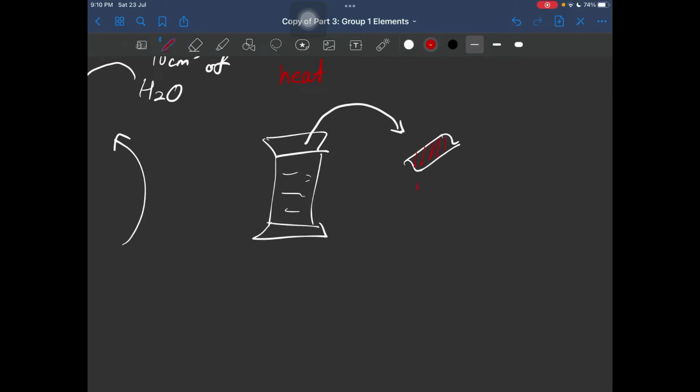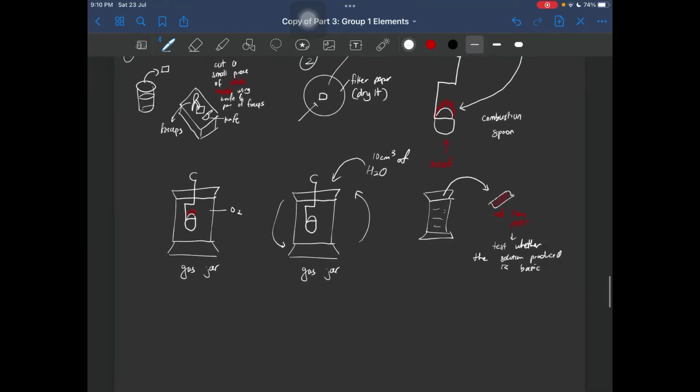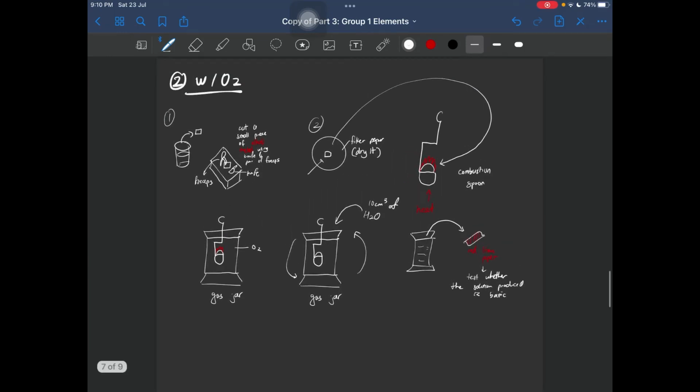The function of this red litmus paper is basically the same as the first reaction, which is to test whether the solution produced is basic.